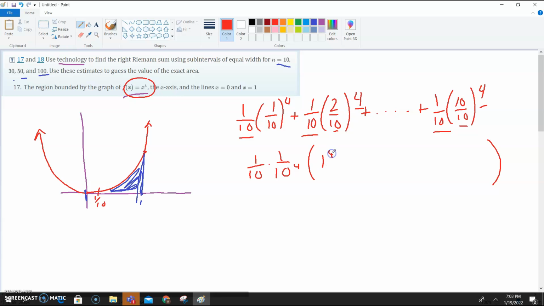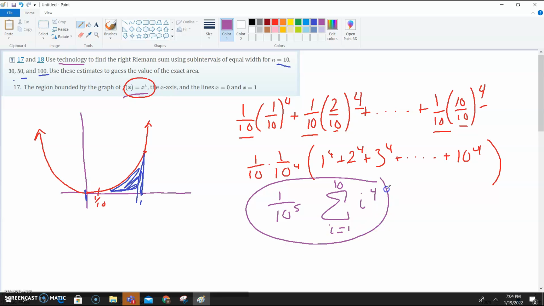So our 1/4, our 2/4, our 3/4, our 10/4, and so on. And then what we're going to recognize is similar to what we did in class the other day, is that here we have 1 over 10 to the fifth, and then we have our sum from 1 all the way up to 10 of our I to the fourth power.